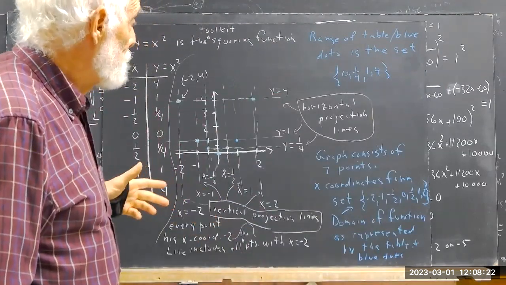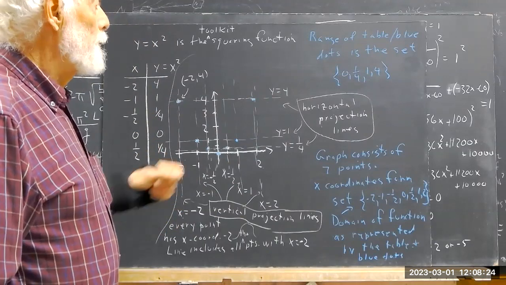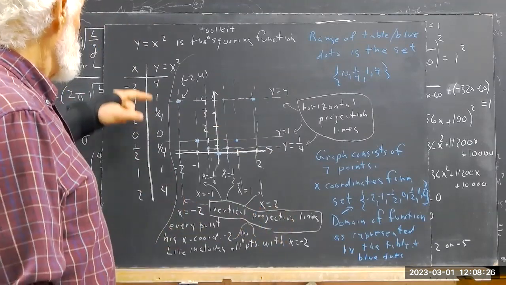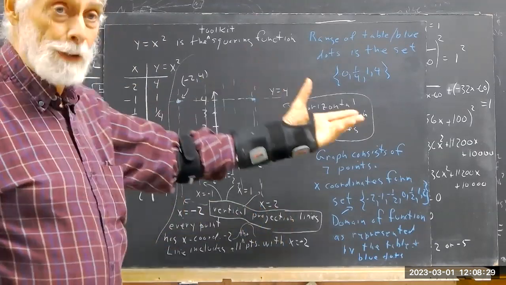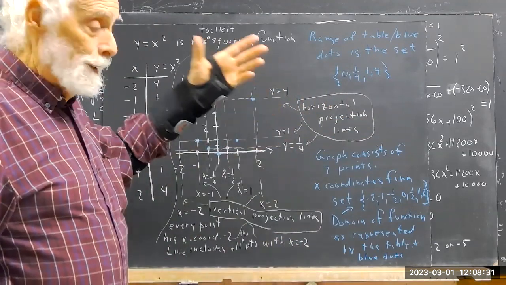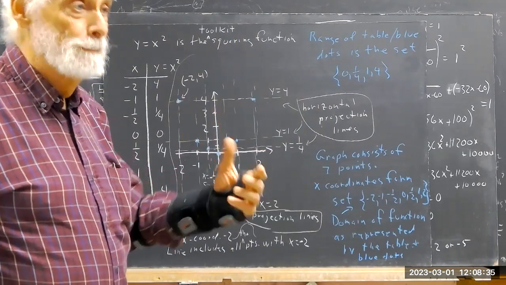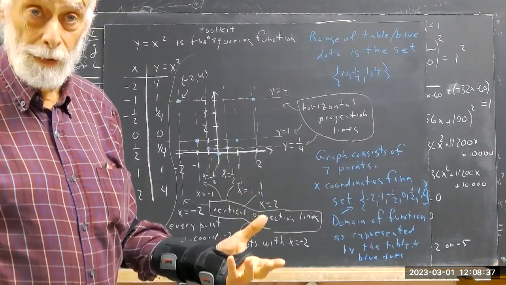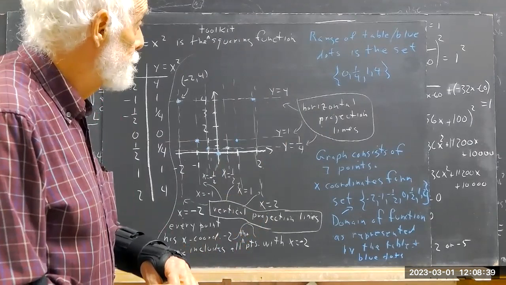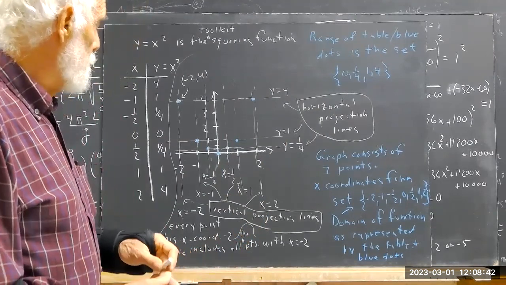Okay. 1 is in the set, whether it's this one or this one, it's in the set. And the set is just defined by what's in it, not how many times everything is in it. And so that's domain and range.